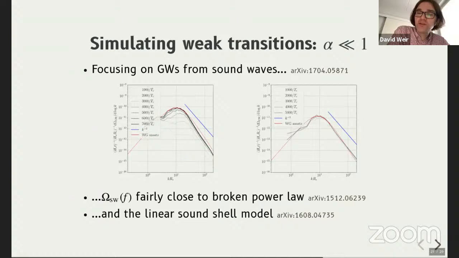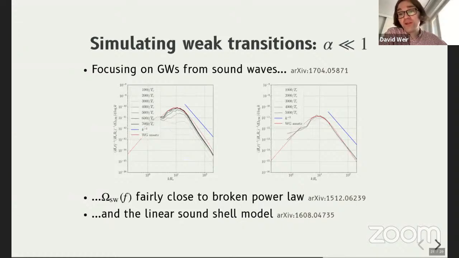And you can also see here a red line, which is a broken power law that was first postulated in a LISA Cosmology Working Group paper, and which we put to the test in these large-scale simulations. Those results check out. It's not perfect, but this ansatz is better than nothing in terms of describing what this source looks like.